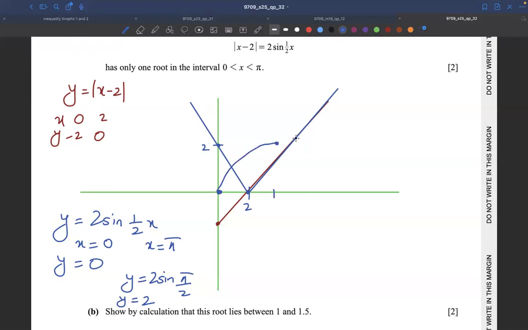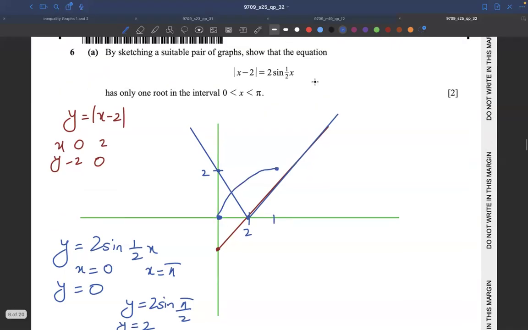We can also understand this half x like this: in 360, we have one revolution for sine x. So if it is half x, we'll have half a revolution in 360, or even a quarter revolution in 180.